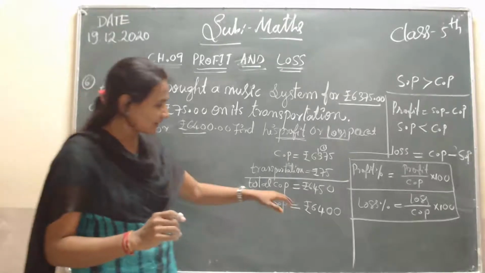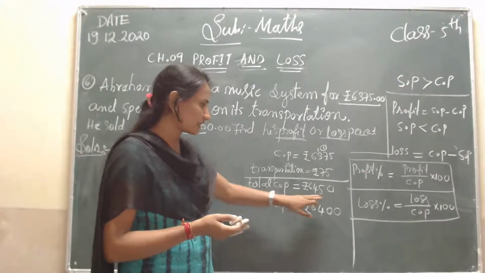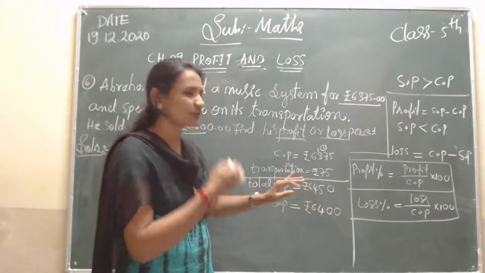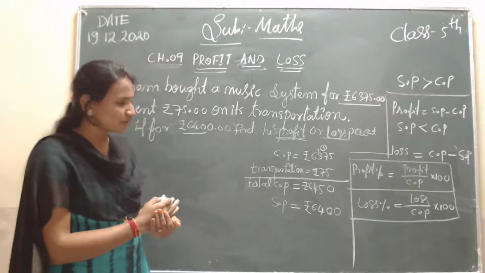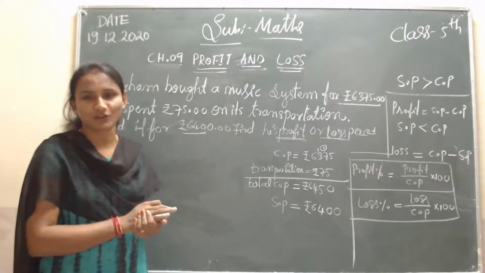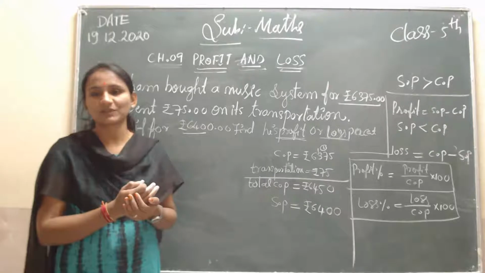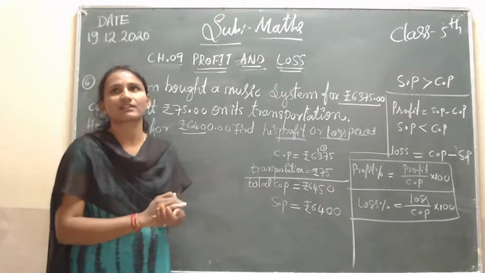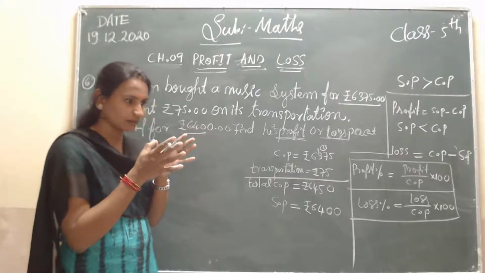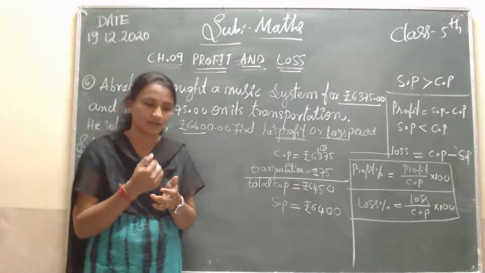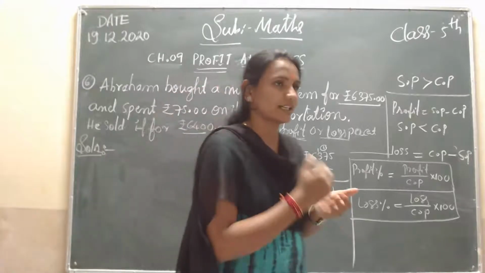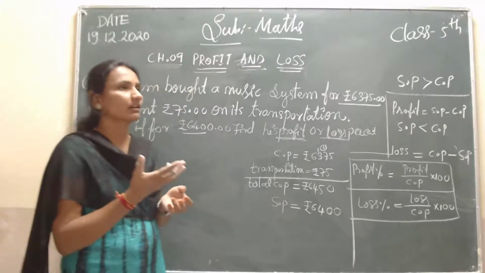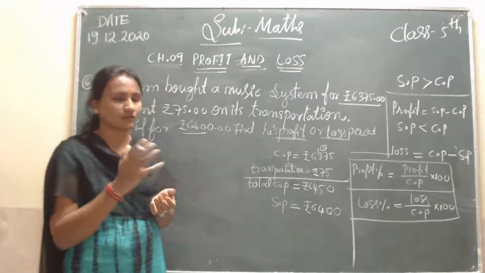Students, you can think here. Compare the cost price and the selling price. Cost price is more, so cost price more means definitely that is a loss. Take any item as the best example. One person purchased one ton of rice or dal, for example.